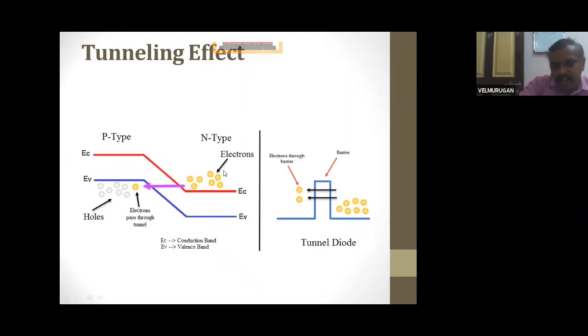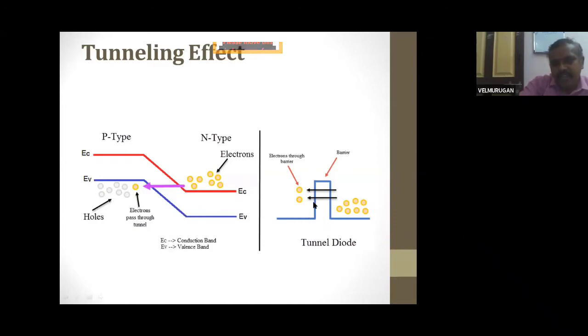These electrons pass through the tunnel between the valence band and the conduction band. Through the tunneling effect, N type electrons convert to P type holes. The electron passes through the tunnel, so holes. That is the tunneling effect.